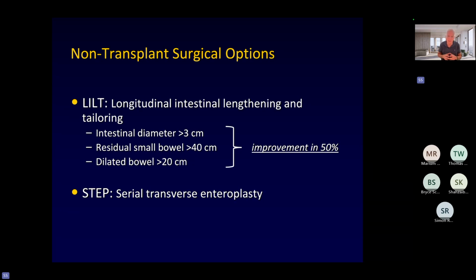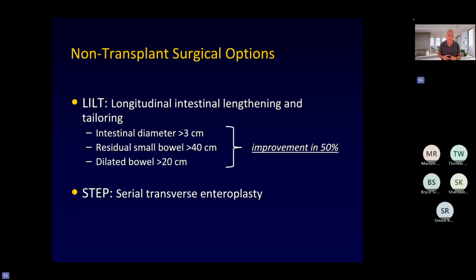So you should have an intestinal diameter greater than 3 centimeters. The residual small bowel should be longer than 40 centimeters, and the length of the dilated bowel should be greater than 20 centimeters. If that's the case, then if you do an intestinal lengthening and tailoring procedure, 50% of your patients will respond favorably.